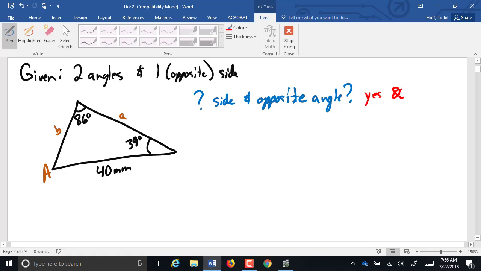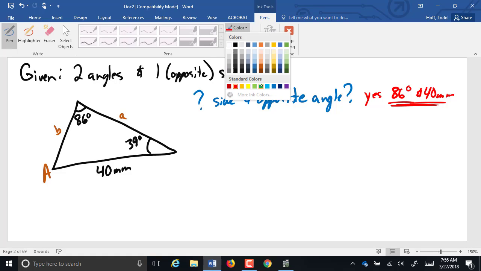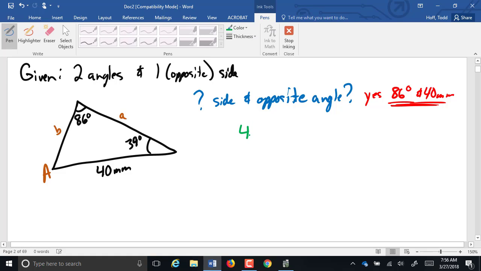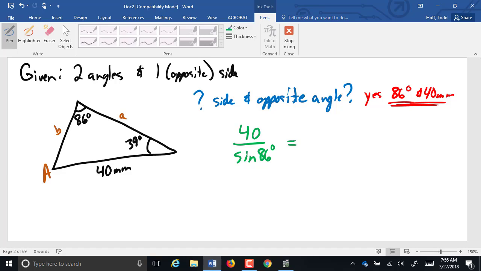I have the 86 degrees and the 40 millimeters. So that means I can do this. I can do 40 over the sine of 86 degrees. Now, some textbooks do it as the sine of the angle over the length of the side. It's the same thing. It's just, for me, it's easier to do the length of the side over the sine of the angle. So now we have that number.